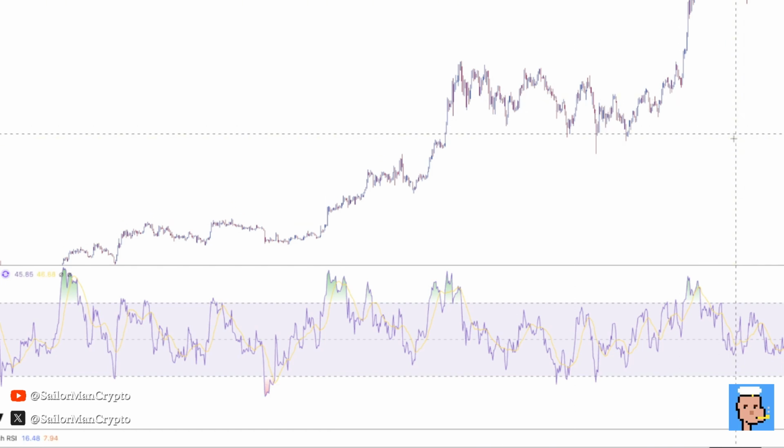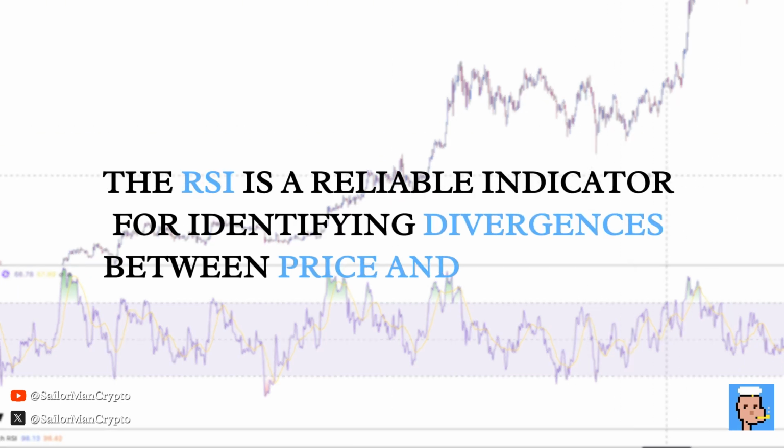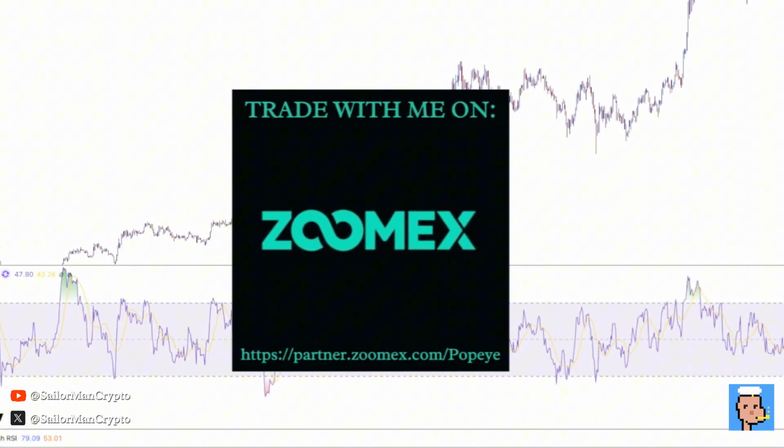So the main use I have of RSI is mainly for divergences, and I only use the standard divergence setting.